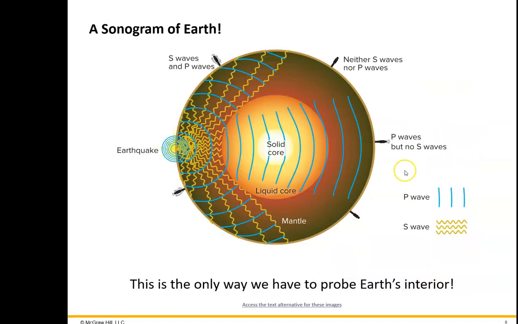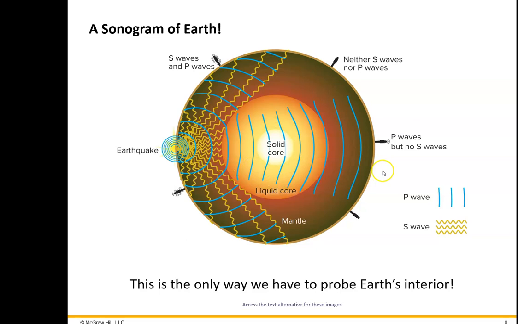So anyhow, we created S and P waves, and we found that P waves, which remember oscillate back and forth in the same direction that they travel, can pass through solid material, of course, and also liquid material.